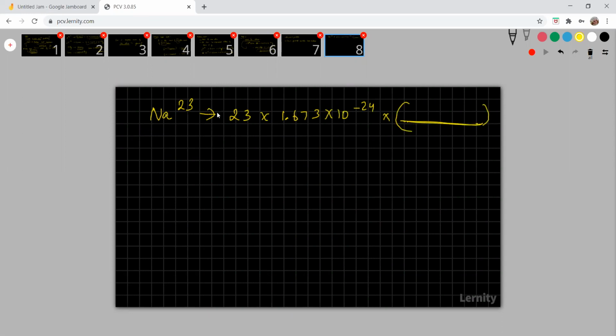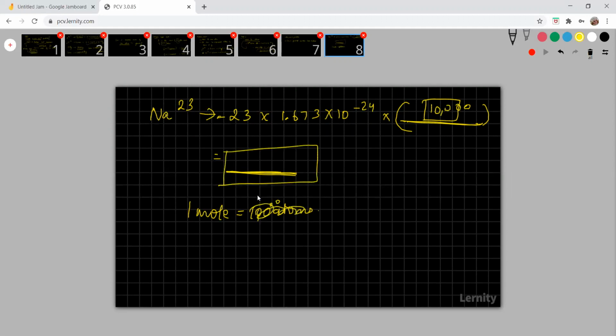If I'm putting 100 atoms here, I can even say 1 mole is equal to 100 atoms. Suppose I'm putting 10,000 atoms, then 1 mole can have 10,000 atoms. That will give you the mass of 10,000 atoms.